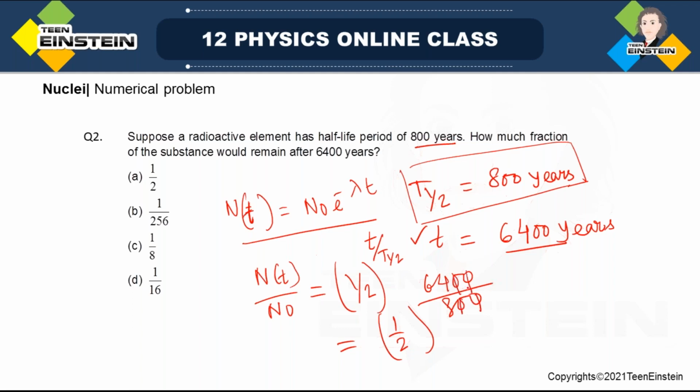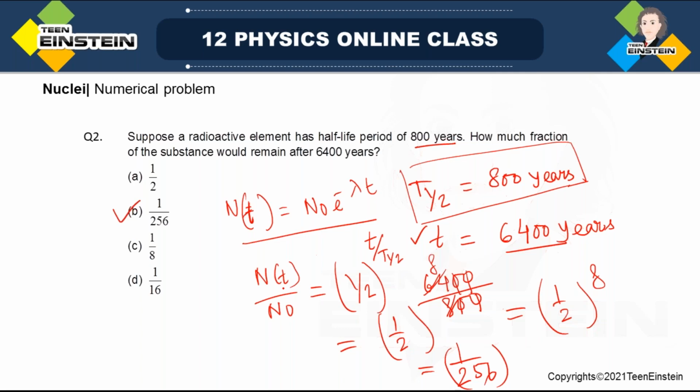So this is 8. So you get that fraction as half to the power 8. That means you get 1 over 256. So option B is the answer in this case.